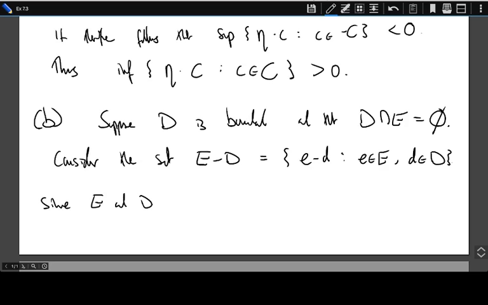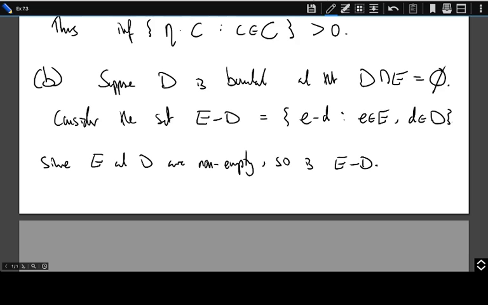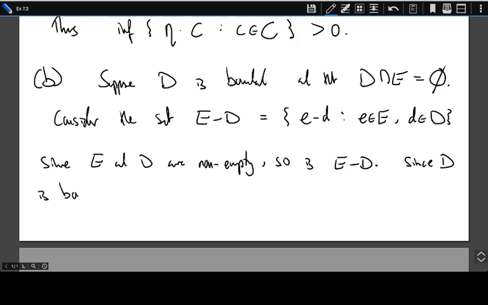Since E and D are non-empty, so is E minus D, of course, since both E and D have at least one element in them. Since D is bounded and E and D are closed, E minus D is also closed.